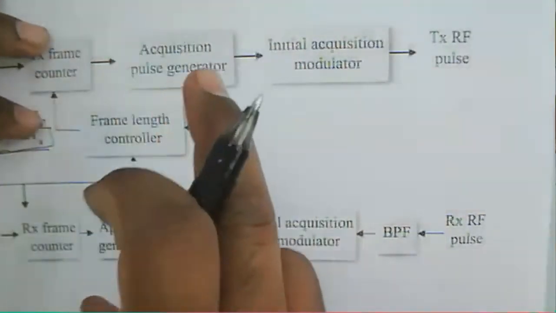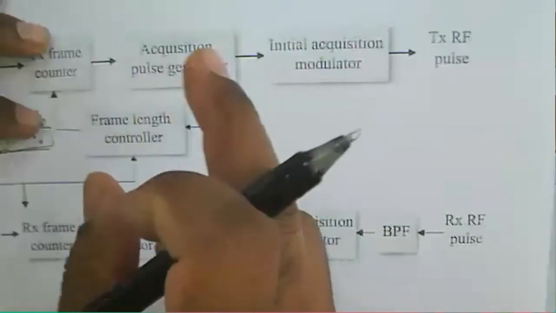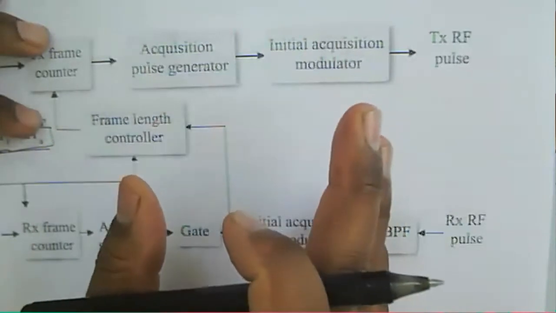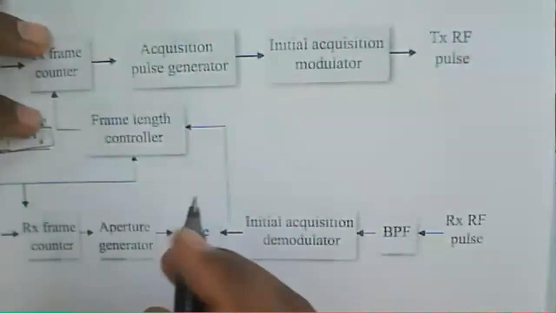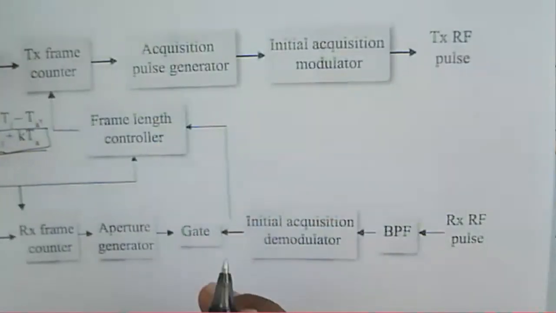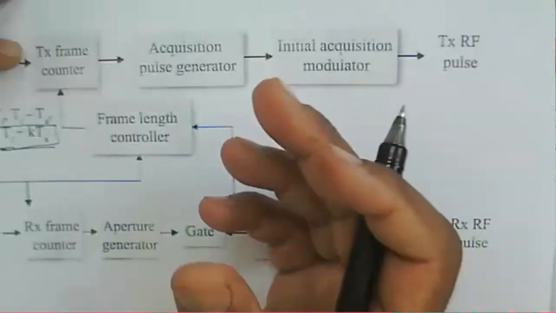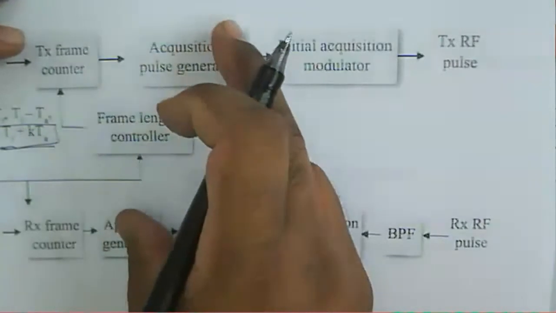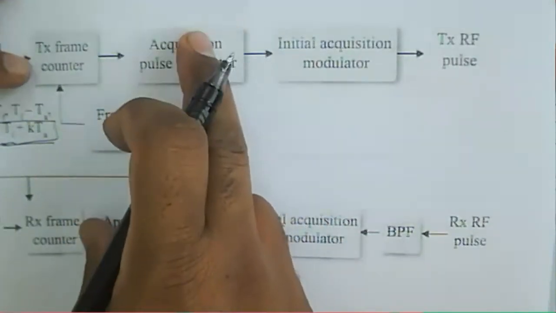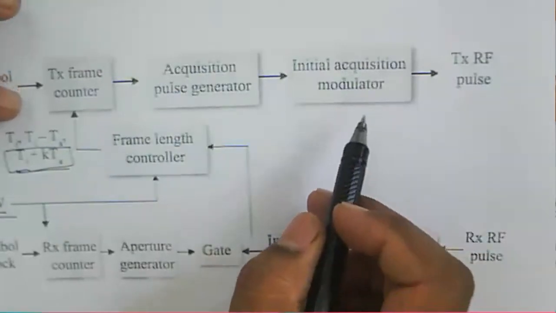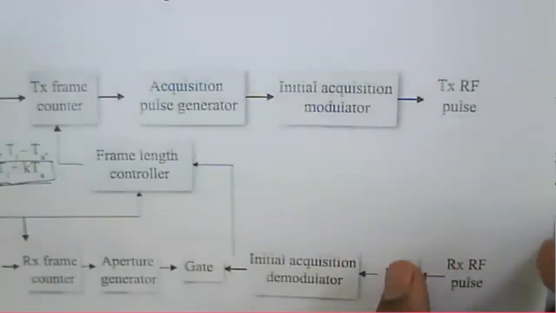So that initial acquisition process of that particular local bus can be carried out using that pseudo random generator also. It consists of pseudo random data or a sequence, and it has the information of ones and zeros, and according to that it will generate that transmit pulse as well as the receiving pulse.